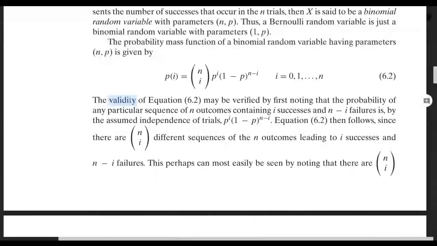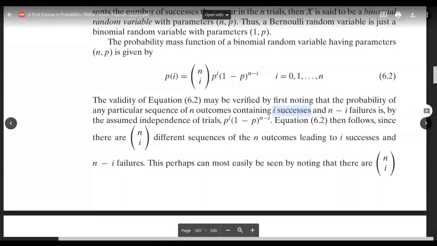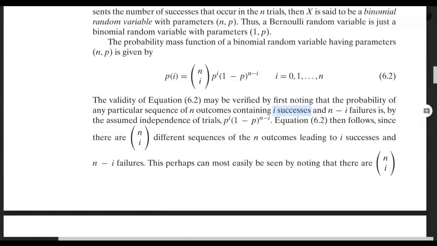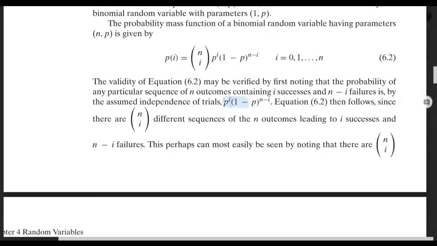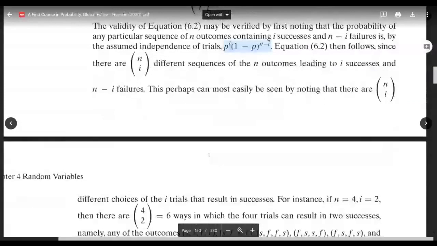So the validity of the above equation may be verified by first noting that the probability of any particular sequence of n outcomes consisting of i successes and n minus i failures is, by assumed independence of trials, this. So the above equation then follows, since there are n choose i different sequences of n outcomes leading to i successes and n minus i failures.